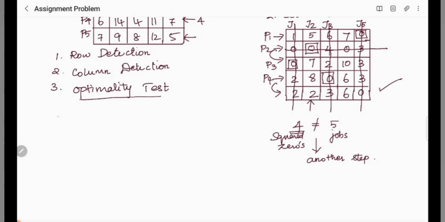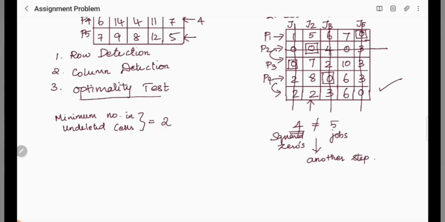The minimum number in the undeleted cells: we have 5, 7, 8, 2, 7, 10, 6, 6. So 2 is the minimum number, so you have to take the 2.